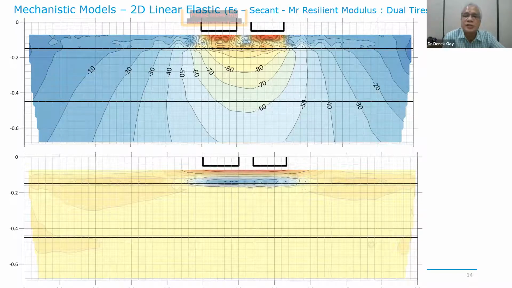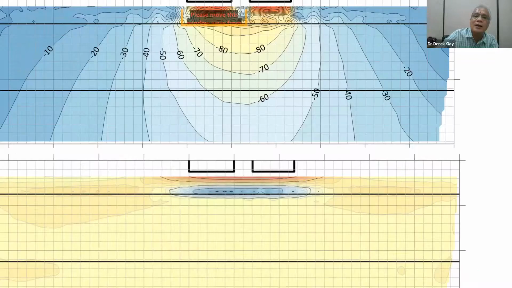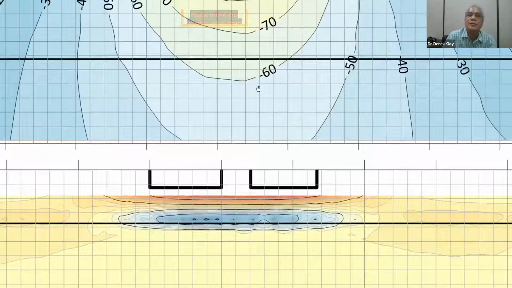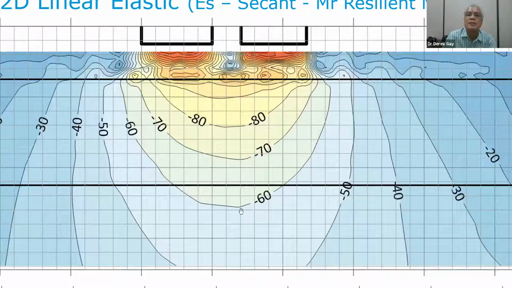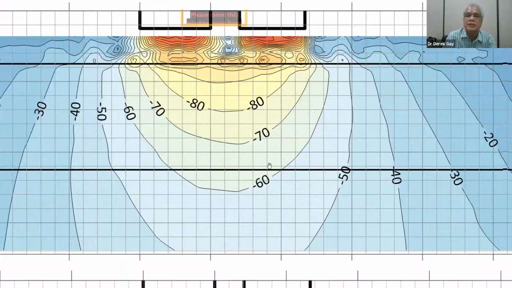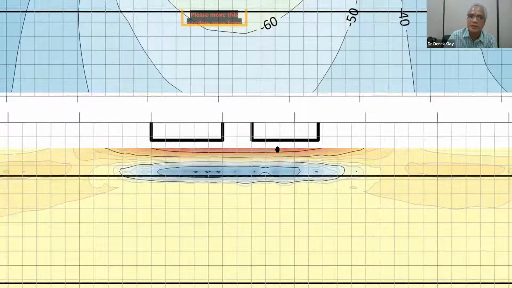Again, the shear stresses now go over a much wider area with a double tire load. And when you look at these stresses, one begs the question, how do we represent this in a lab or in a sample? Or where do we represent the sample? Because you get very large contrasts in stresses and deformations, which you will see in a short while.